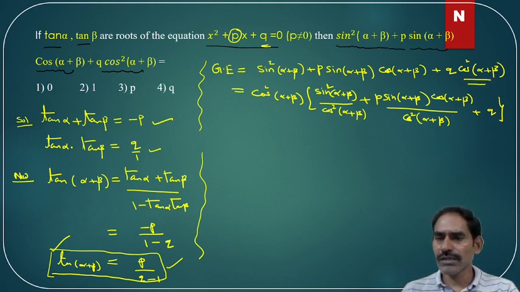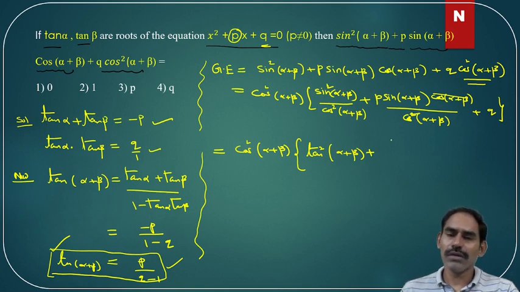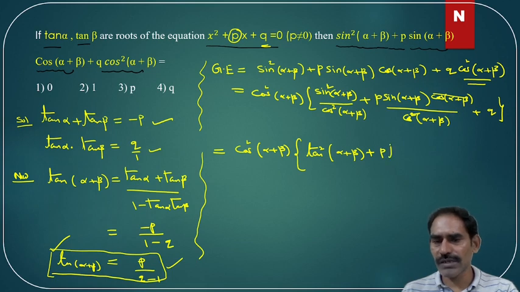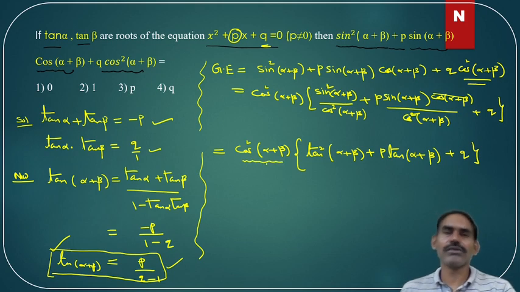Here one cos(alpha plus beta) gets cancelled. Sin by cos is tan, so this will be tan square (alpha plus beta), plus p into tan(alpha plus beta), plus q. Next, this cos square (alpha plus beta) we can also write in terms of tan.